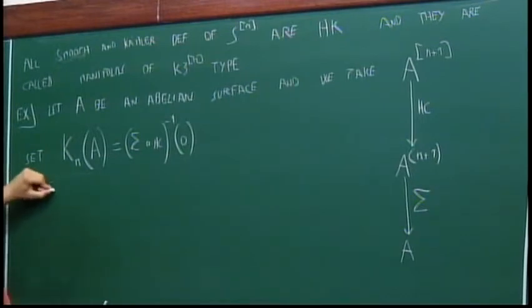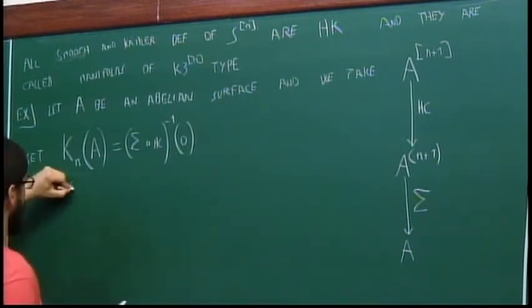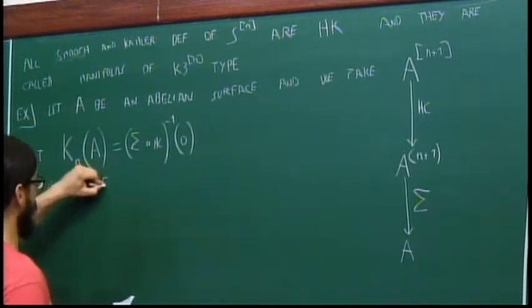And this is called generalized Kummer manifold.